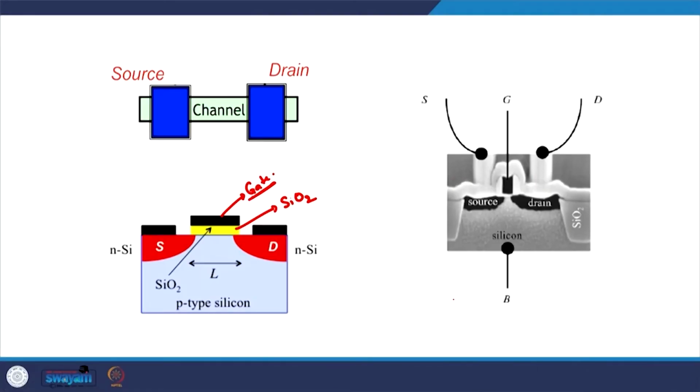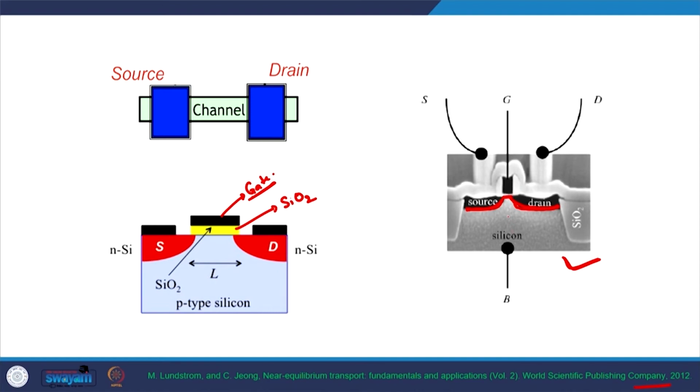And this is a typical picture of a real MOSFET. This is how a real MOSFET actually looks. This picture is quite old, around 7-8 or maybe 10 years old, taken from this reference. Here we have the source contact and the drain contact, which are heavily doped, and in between there is a very small channel region.